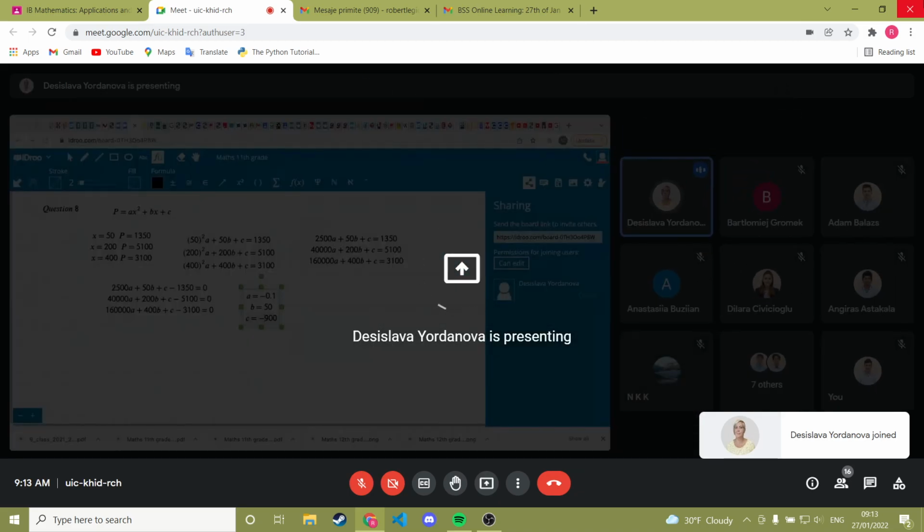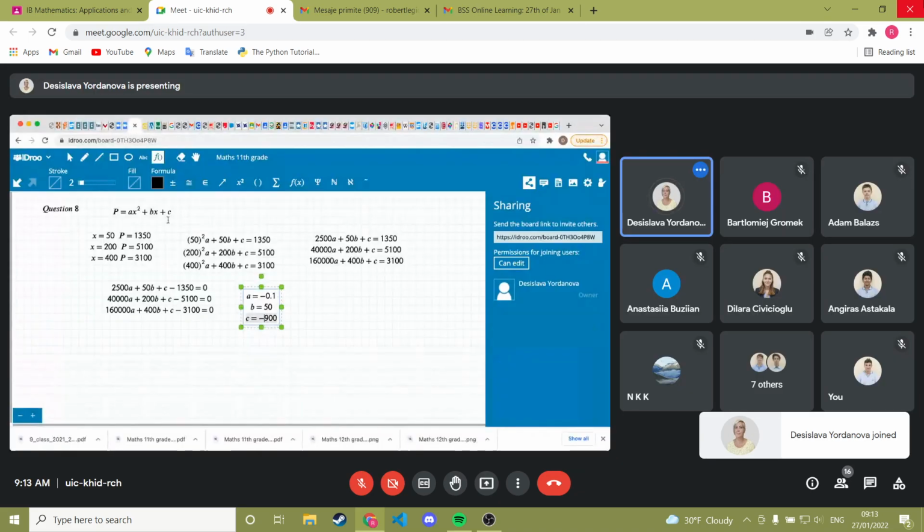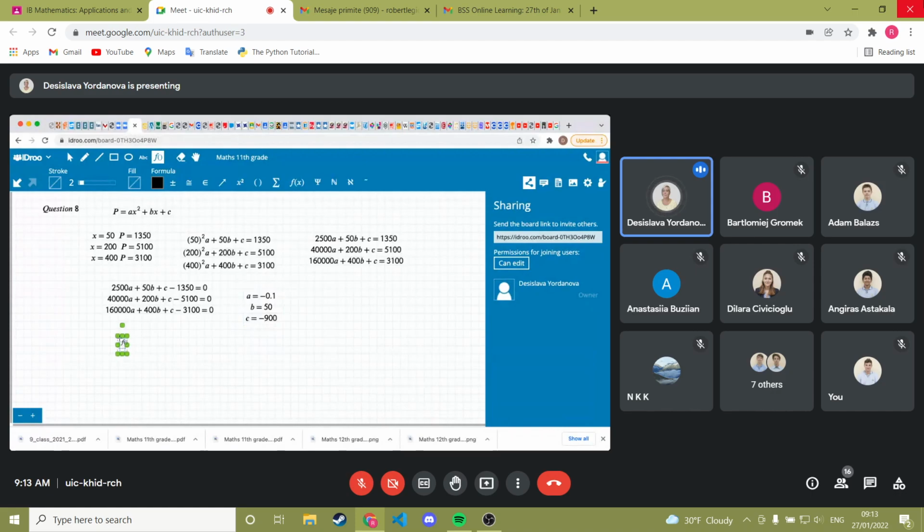So after we found A, B, and C, this means that the profit function is actually P equals minus 0.1 x squared plus 50x minus 900.